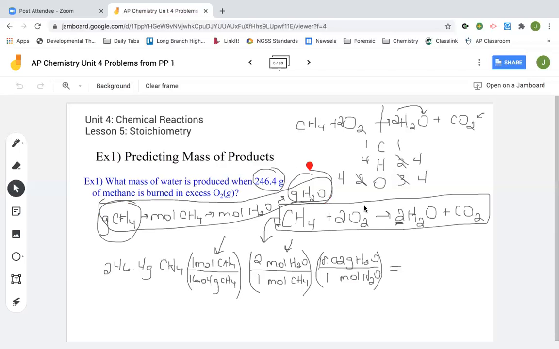And remember, when we're solving these equations, the easiest way to do it is to multiply all of the numerators together and then multiply all of the denominators together and then divide your answers. So when you do that, the answer that you should get for this problem is 553.6 grams of water.